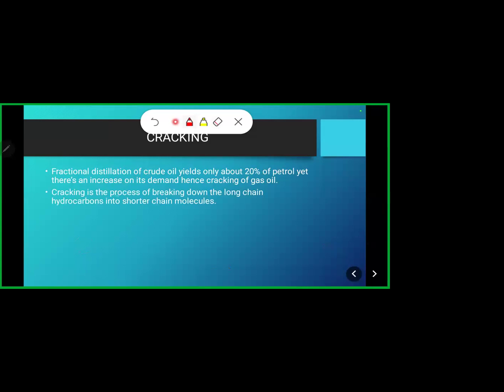Cracking is the process of breaking down long-chain hydrocarbons into shorter-chain molecules. The large molecules of oil can be broken down into smaller molecules of petrol and gas by cracking.